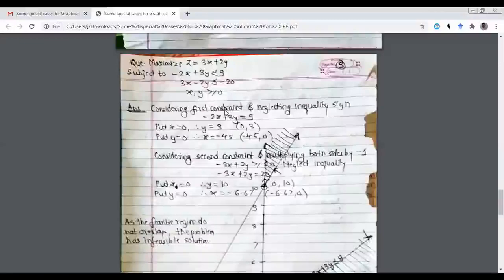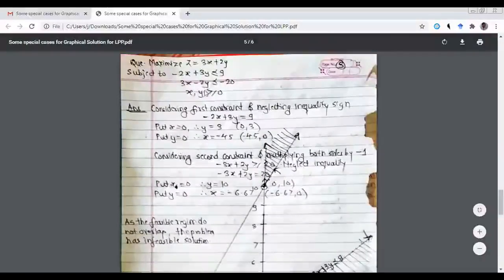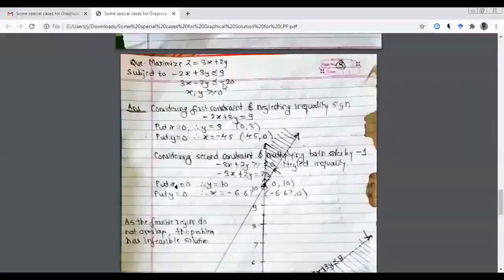Now if you see the first constraint, very straightforward, minus 2x plus 3y is equal to 9. If you put the value of x is equal to 0, you'll get the coordinates 0 comma 3. If you put y is equal to 0, you'll get the coordinate as minus 4.5 comma 0. Now here if you consider the second constraint, you have a negative sign. If I'm having a negative sign, I already told you we'll have to multiply it by minus 1 on both sides, and the inequality sign will get changed.